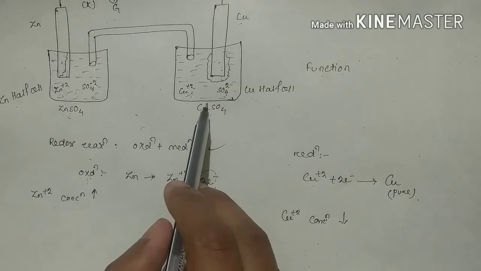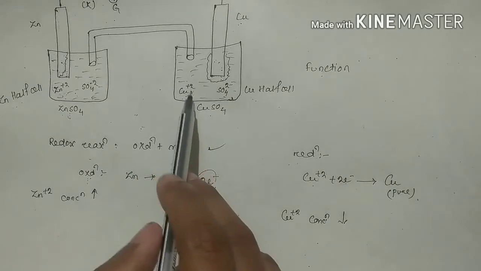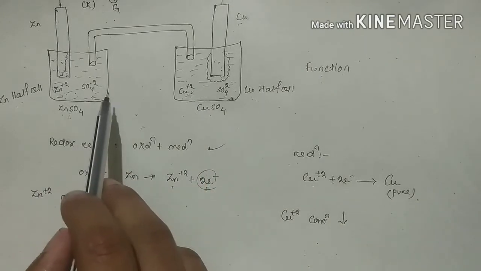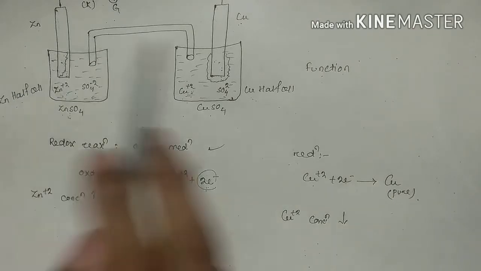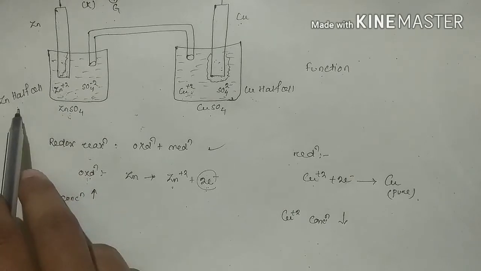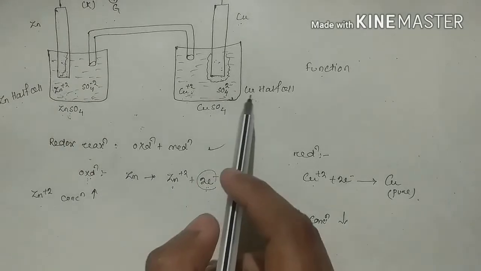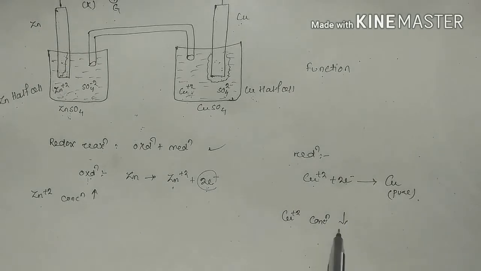So in the electrolyte the copper ion amount will decrease due to this reduction reaction. So this reaction contains both oxidation and reduction. In the zinc half cell the concentration of zinc ion is increasing, but in the copper half cell the concentration of copper ion is decreasing.